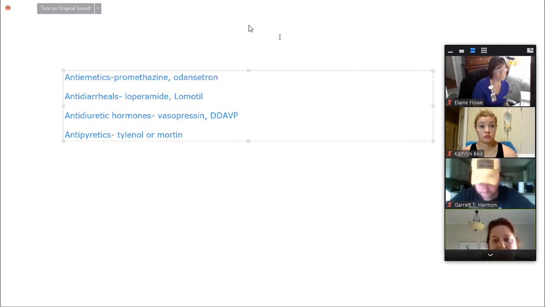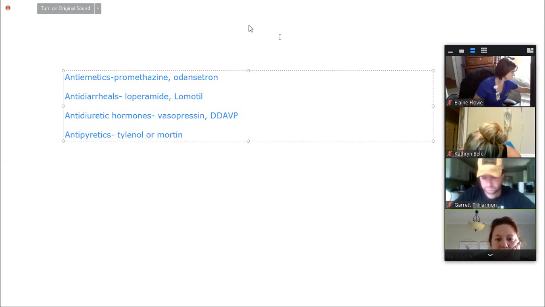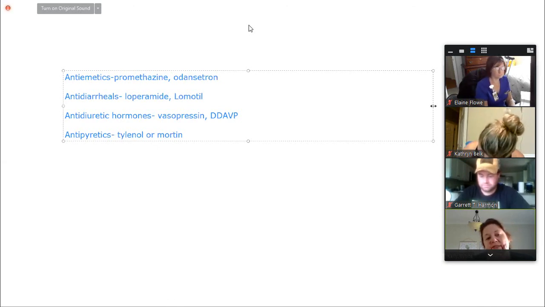It's like massive amounts of urine. So that's not normal. So we would give them that vasopressin to limit and decrease that amount of urine output. So she'll go over diabetes insipidus and diabetes mellitus and syndrome of inappropriate ADH.